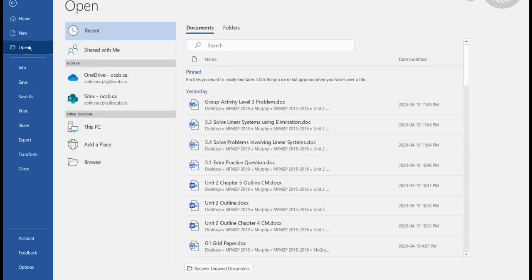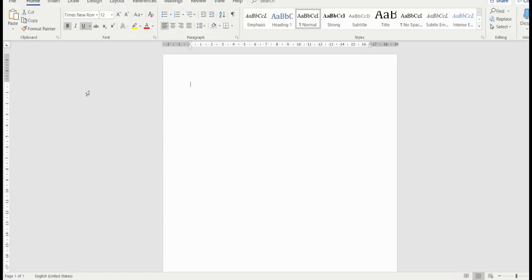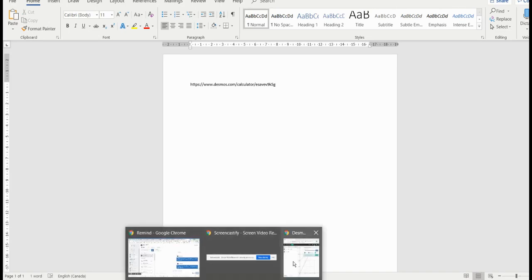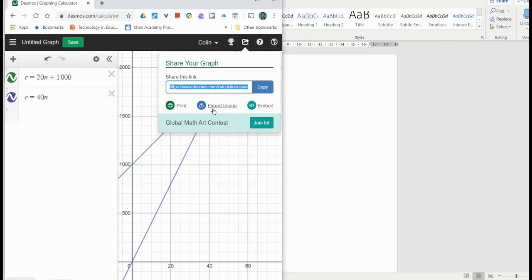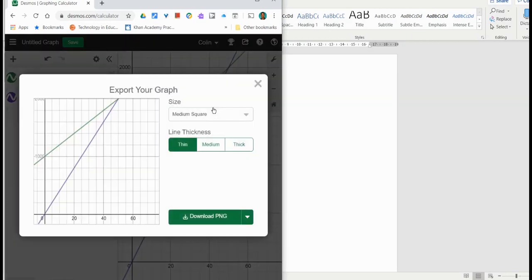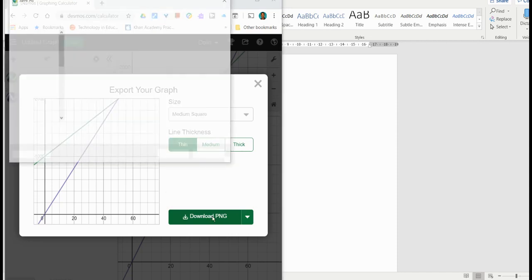Oh, and paste. Oh, that's not what we meant to do. Export the image, I guess. Oh, and then you could download it as a PNG.